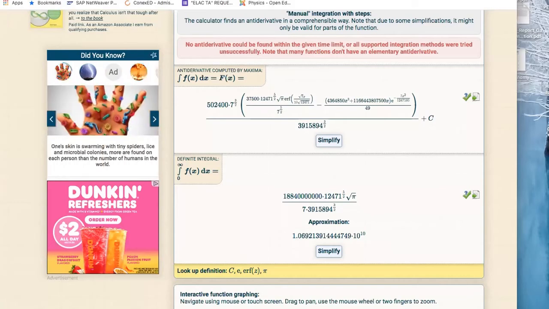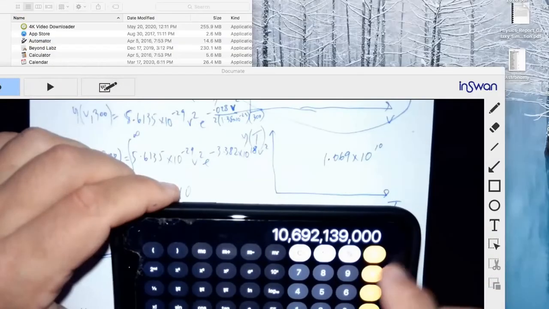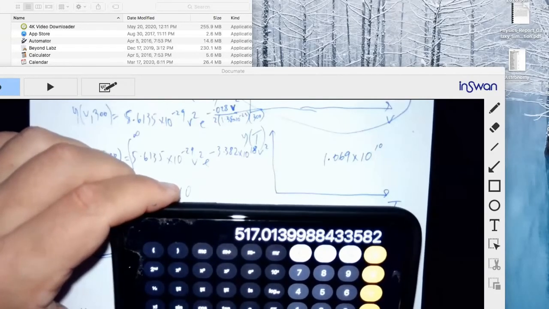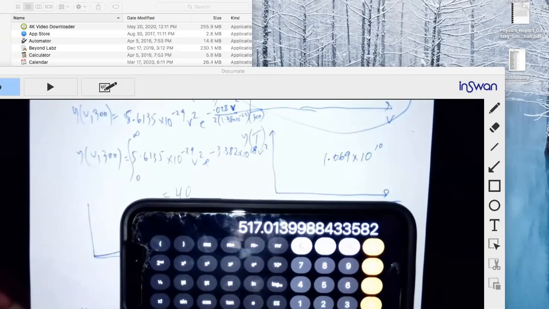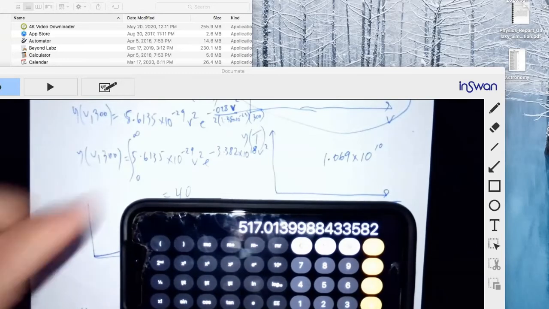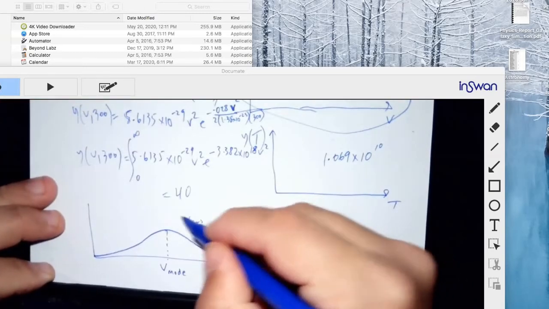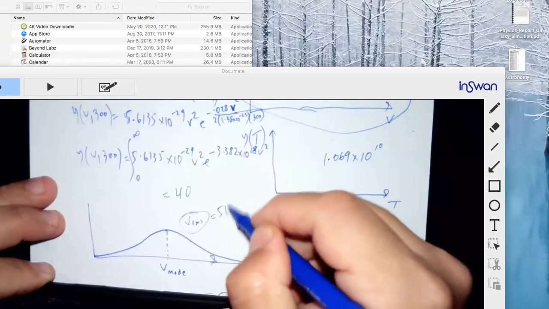Okay, so now divide that by 40,000 and square root that. There you go. 516, 517. Yep. That's the root mean square velocity. Man, that's beautiful.